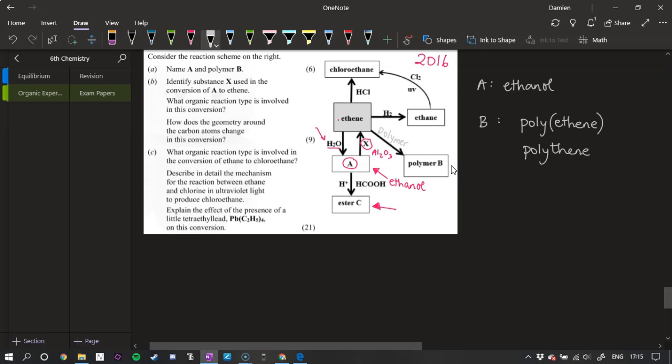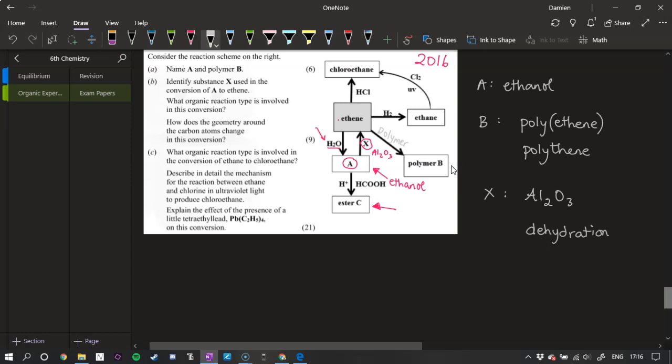Once that's done, we move on to part B, identify substance X used in the conversion. So substance X is Al2O3, aluminium oxide. What organic reaction type is involved in this conversion? So we said this already, this is a dehydration reaction.